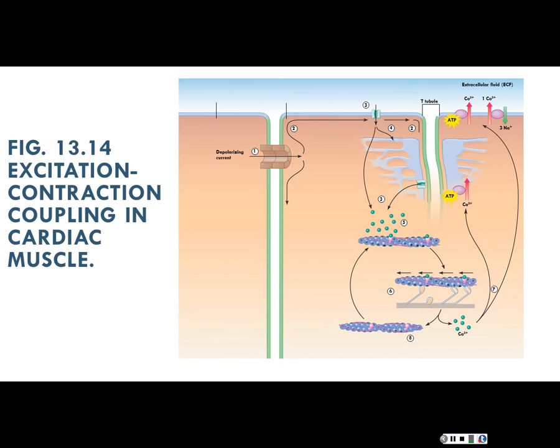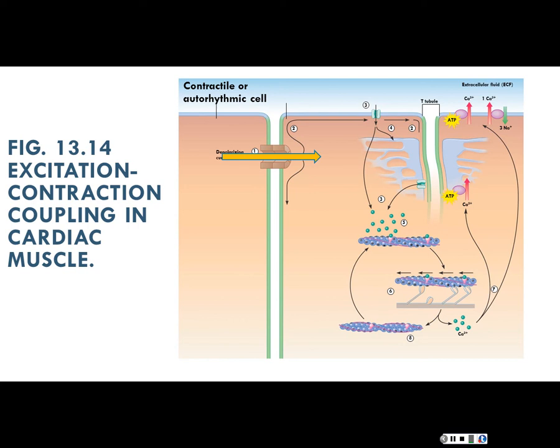And so this first cell, it could be the SA node. It could be one of the Purkinje fibers. It could be another contractile cell, but it's connected to this contractile cell by gap junction. So whatever cell it is, we're going to conduct that action potential from one cell to another.